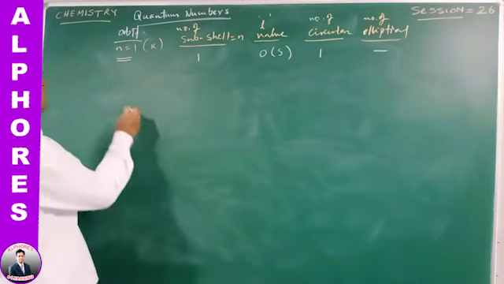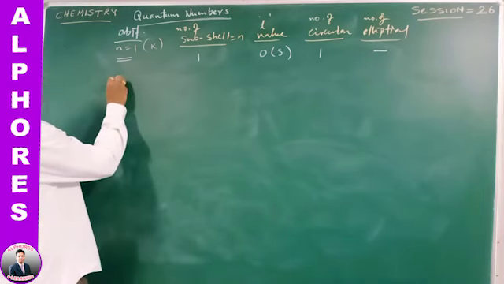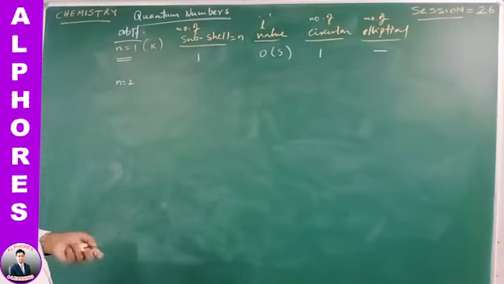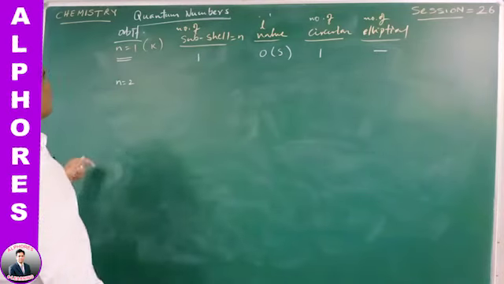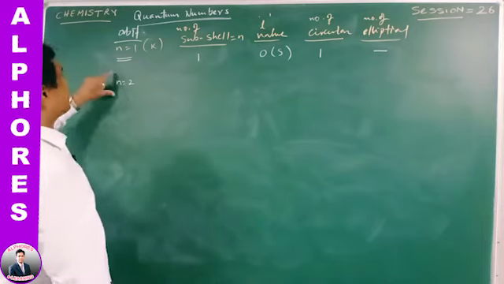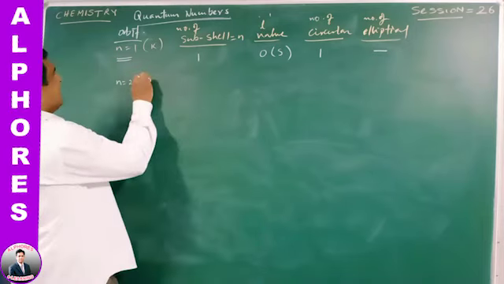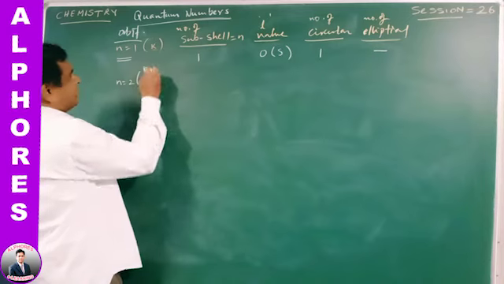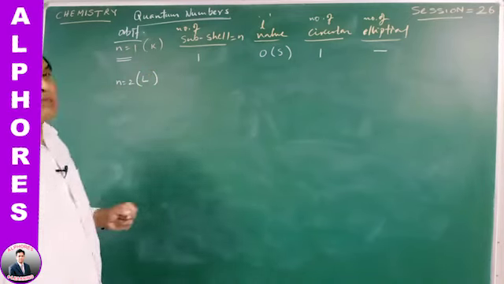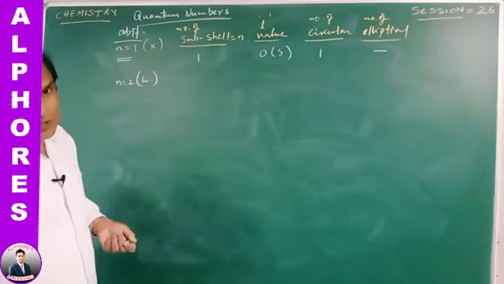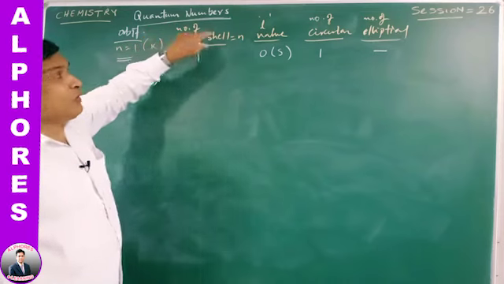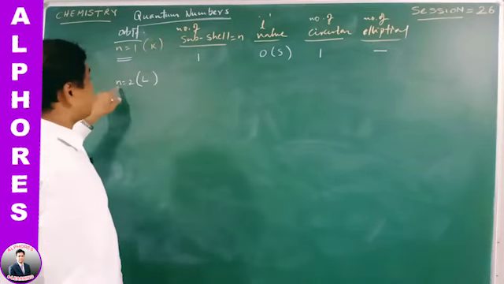Next, let us take up the second orbit. n is equal to 2. We are going slowly, try to understand the concept clearly. The second orbit is the L shell. K shell is completed, now L shell. In the second orbit, the maximum number of subshells is equal to n value, so n is equal to 2.